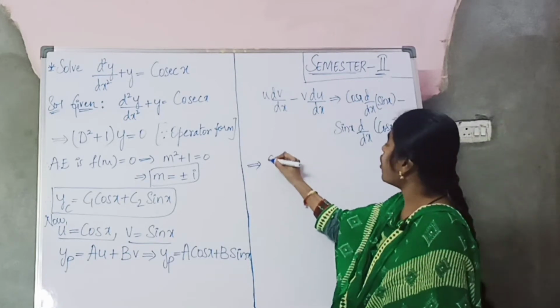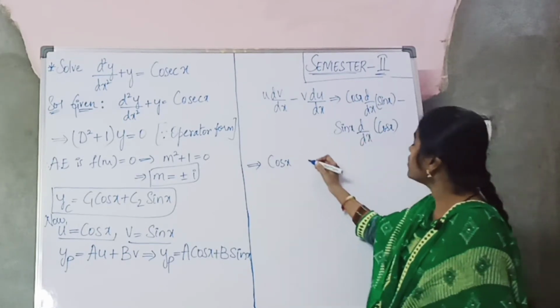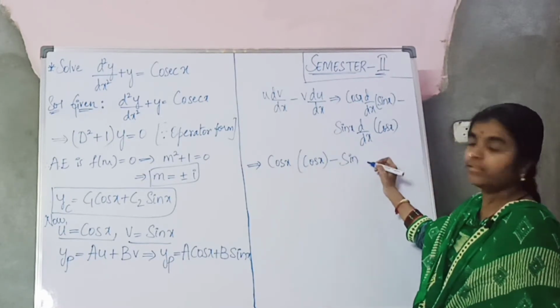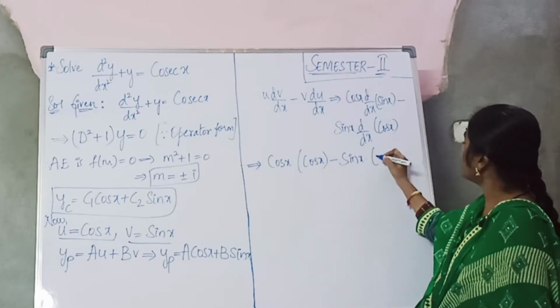That implies cos x into the differentiation of sin x, which is cos x, minus sin x as it is into the differentiation of cos x, which is minus sin x.